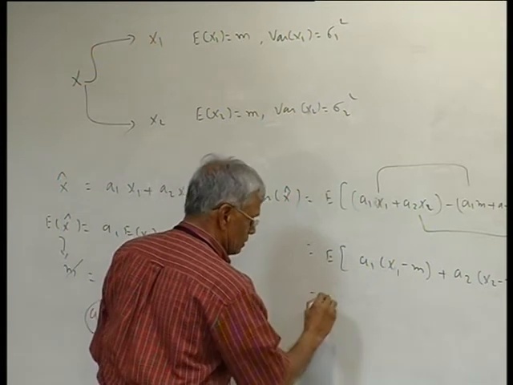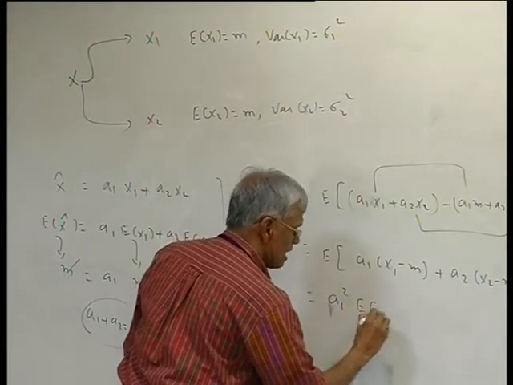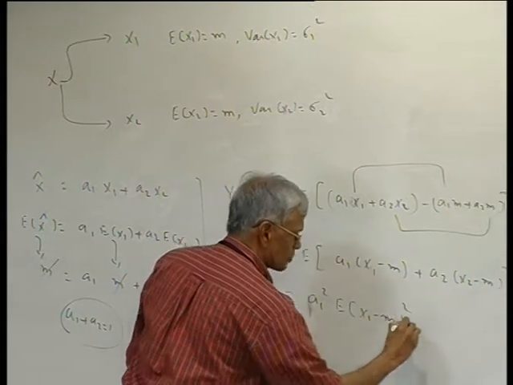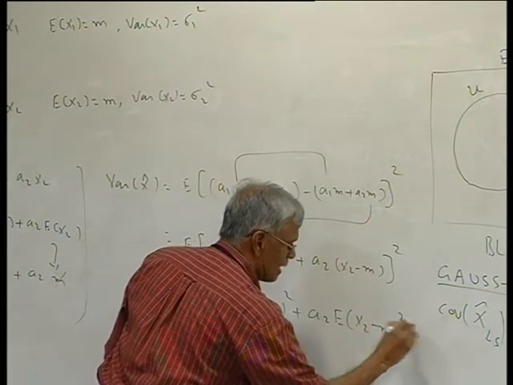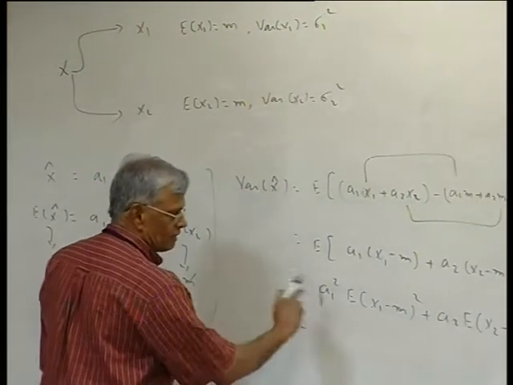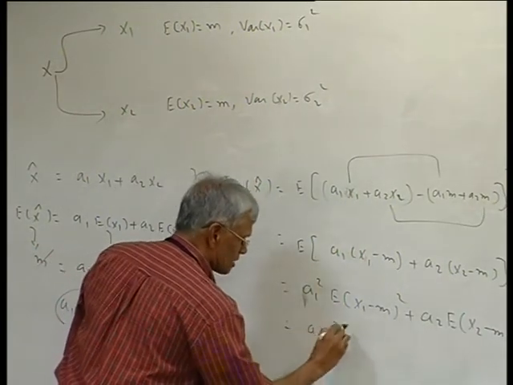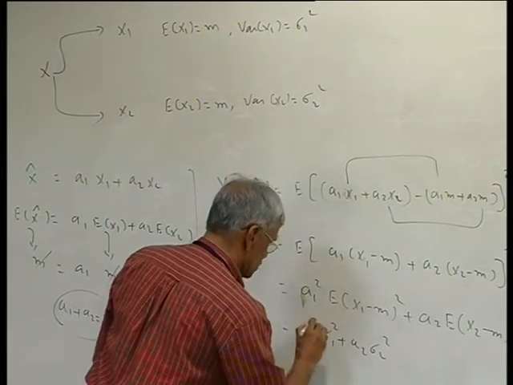So this is going to be equal to A1 square E of (x1 minus m) square. I'm trying to do this simple arithmetic for those of you who have not done it to be able to get familiar with. So this is A1 square sigma 1 square plus A2 square sigma 2 square.